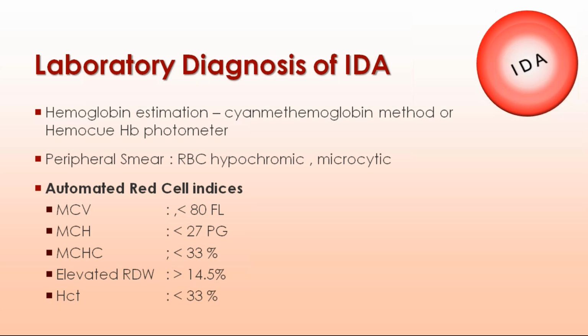The laboratory investigations: in this heading, the most important is the hemoglobin estimation. The cyanmethemoglobin method is the common one we follow in the laboratory; in clinical pathology they might have taught you this. Now, the HemoCue Hb photometer looks like a pulse oximeter and is a point-of-care determination.